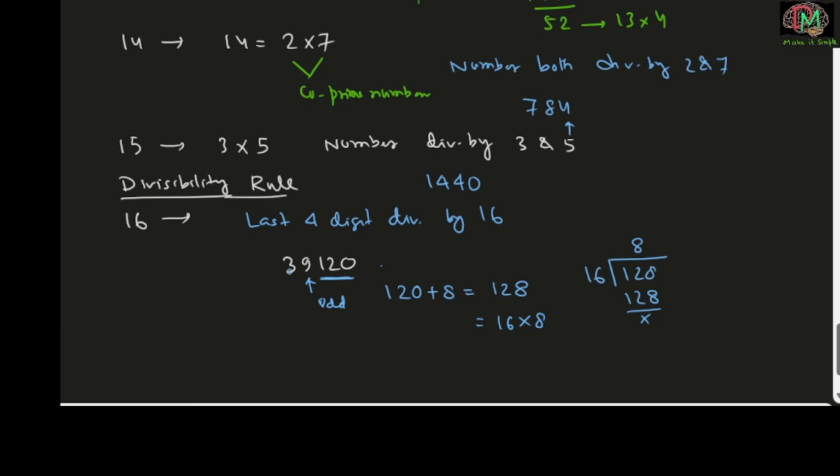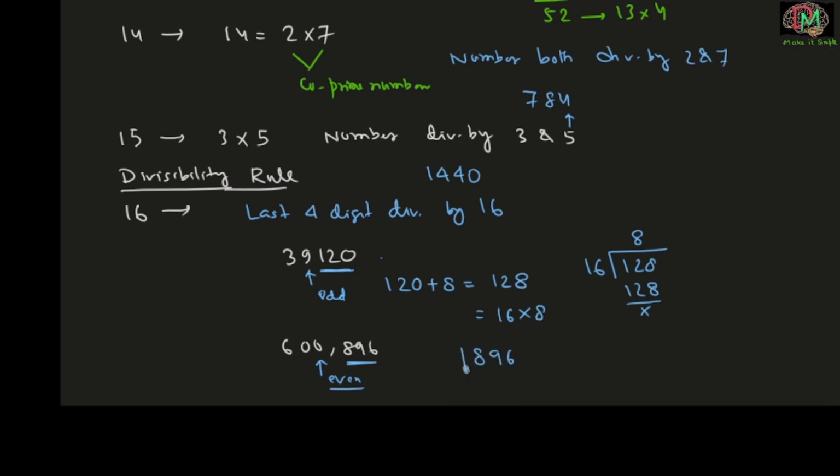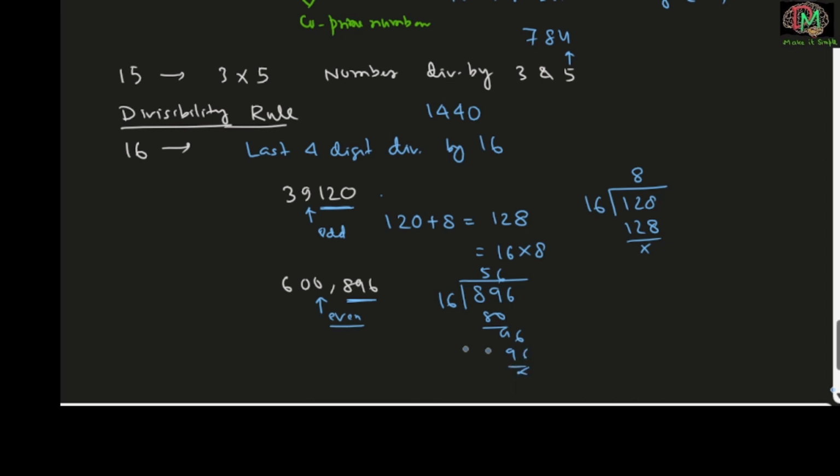So we can say that this number is divisible by 16. But if it is even, let's take one example, 600896. Again we consider the thousands digit, 0, and it is even, and in this case we simply consider the last 3 digit number and verify whether it is divisible by 16 or not. So it is divisible. So you can say that this number is divisible by 16.